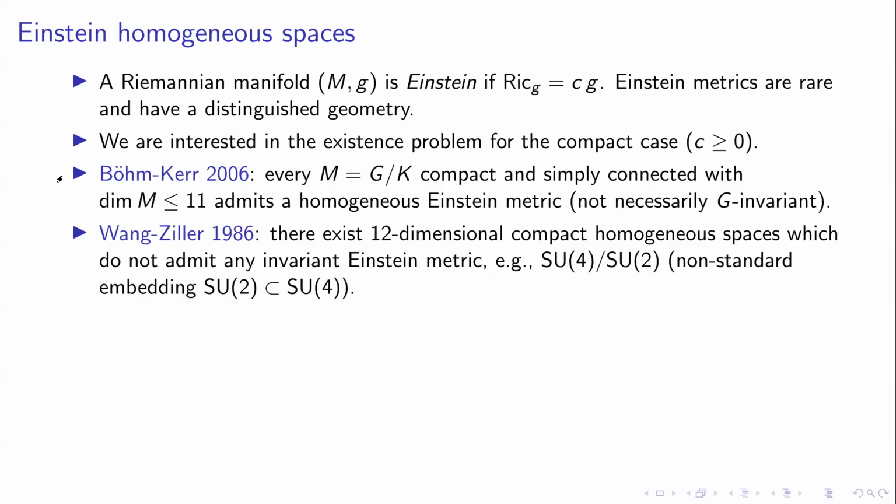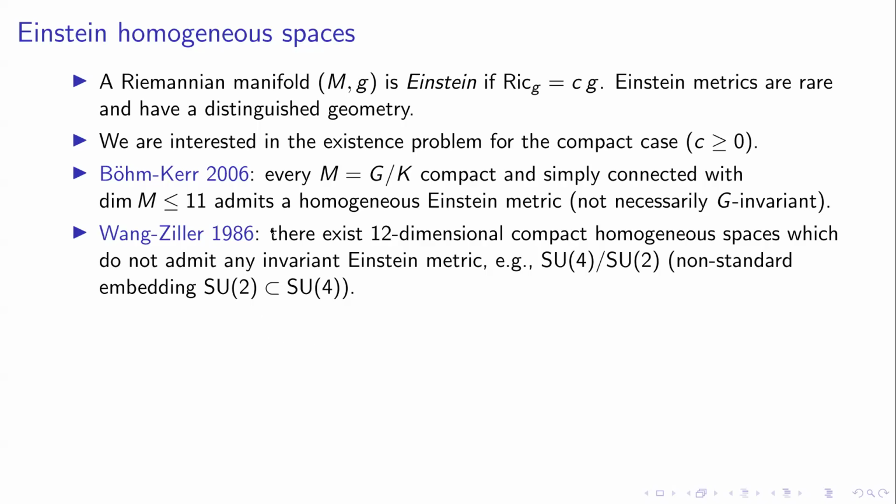Some results that are relevant to this talk. This result by Böhm and Kerr says that for dimension at least 11, if you have a compact, simply connected homogeneous space G mod K, it admits a homogeneous Einstein metric, which is not necessarily invariant under the whole G. You can have a smaller transitive group.